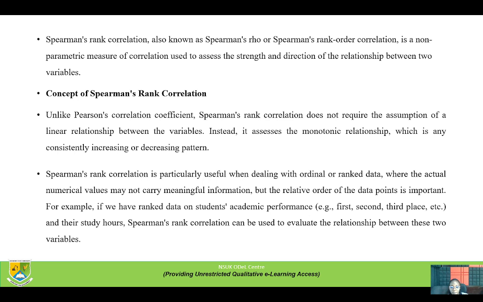Order matters here, but the relative order of the data points is important, of course. For example, if we have ranked data on students' academic performance, like the first, second, and third place, and their study hours, Spearman's correlation can be used to evaluate the relationship between these two variables.